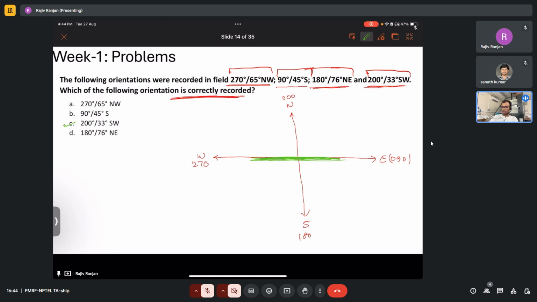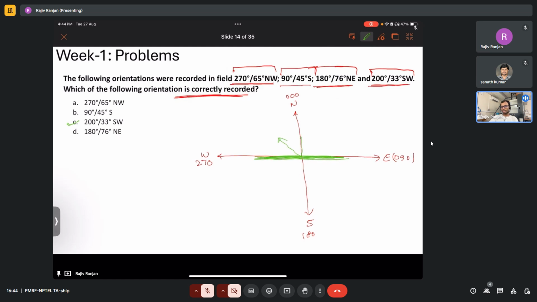It is not possible to have dip direction like this. Ideally, it should be towards 000, towards north. So this is incorrect.